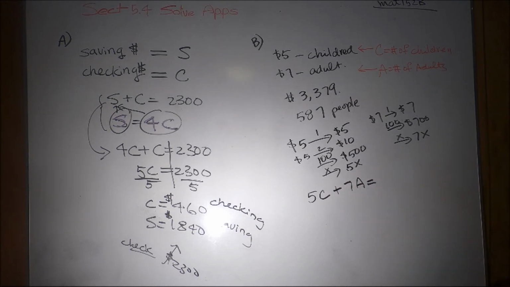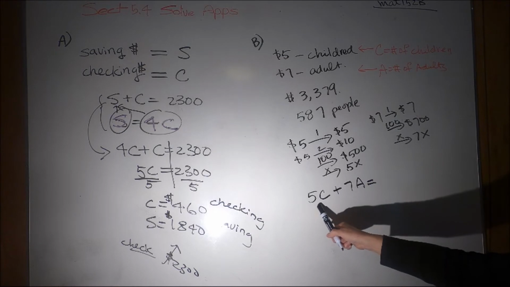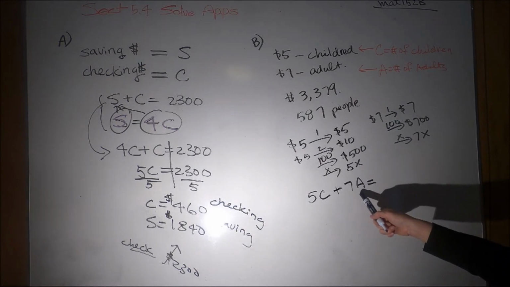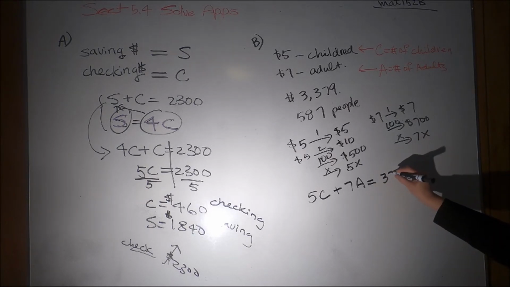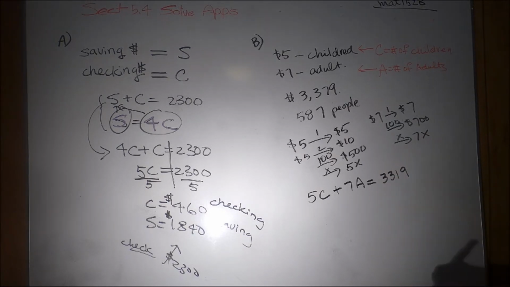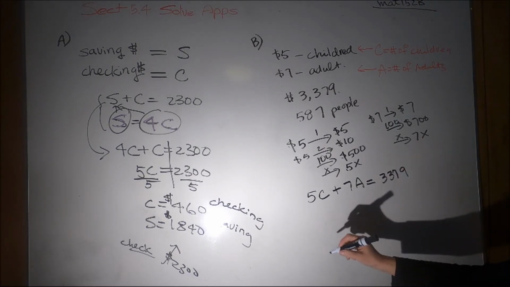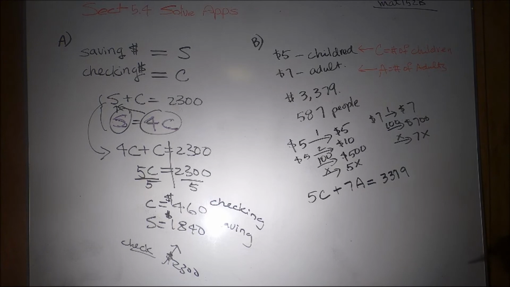So total is how much you receive. That's the money from the children. That's the money from the adults. So the total you should have is $3379. Right? So that's one of the equations.